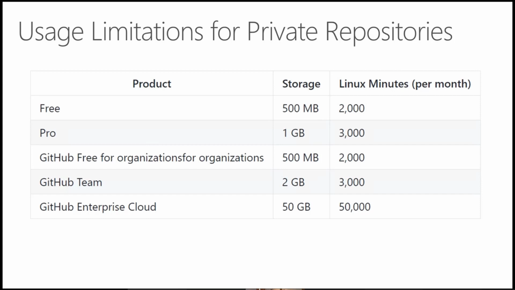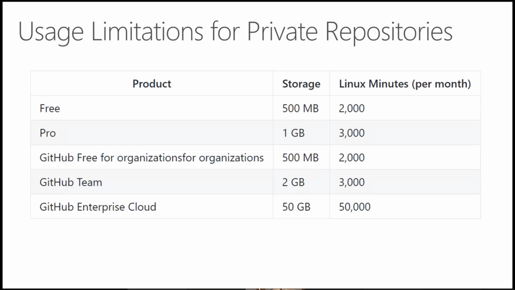So at the free tier, you have 500 megs of storage and 2,000 Linux minutes. I called them Linux minutes. GitHub doesn't. Linux minutes is like the baseline minute, right? And then a Windows minute is like 2 times the Linux minute. So you only get 1,000 Linux minutes per month if you're running Windows runner. And if you're running a Mac runner, then it's pretty severe. It's like a 10th. We'll check it out in the next slide.